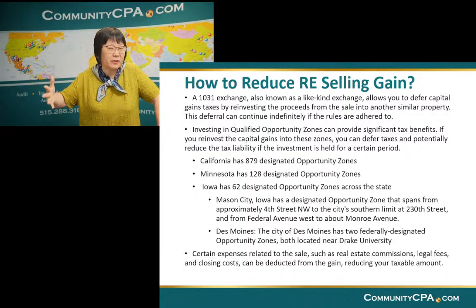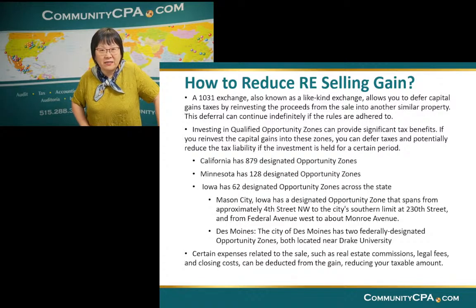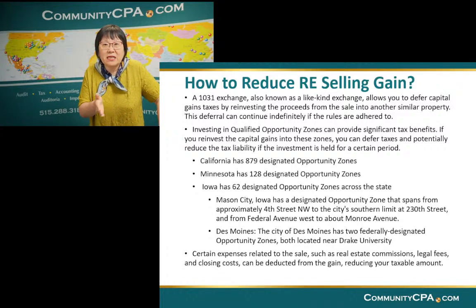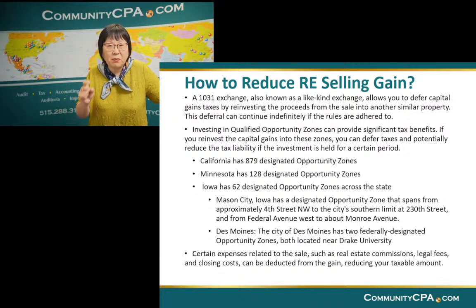We also have a lot of clients from there. Mason City, Iowa has a designated opportunity zone that spans from approximately 4th Street Northwest to the city's southern limit at 230th Street. People who live there know exactly what I'm talking about.